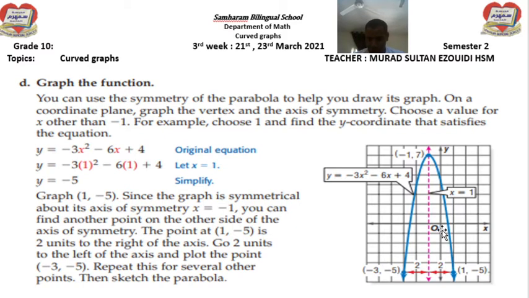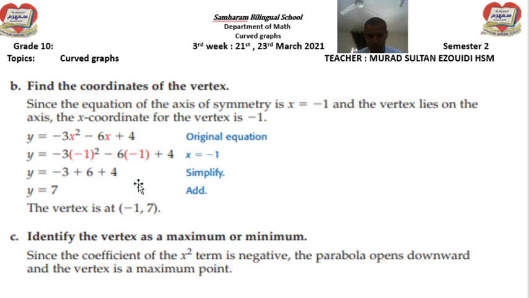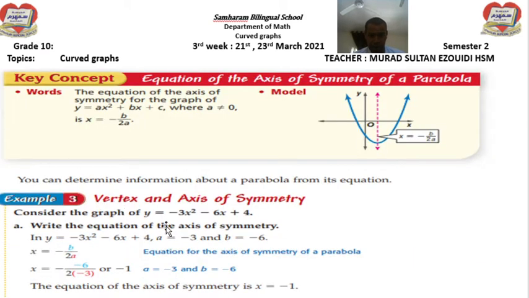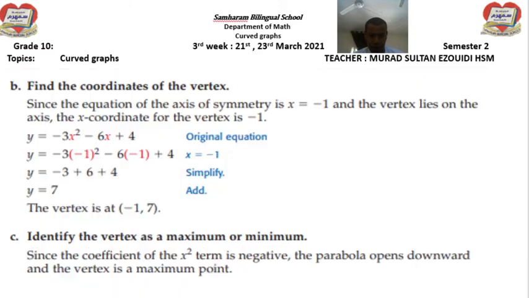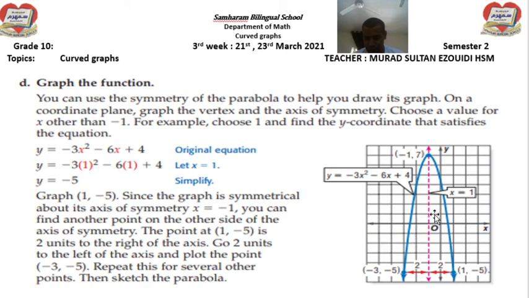So let's say this is the axis of symmetry. We saw the axis of symmetry here before, it is minus 1. That's why it's drawn here by a pink dashed line. This is x equal negative 1.